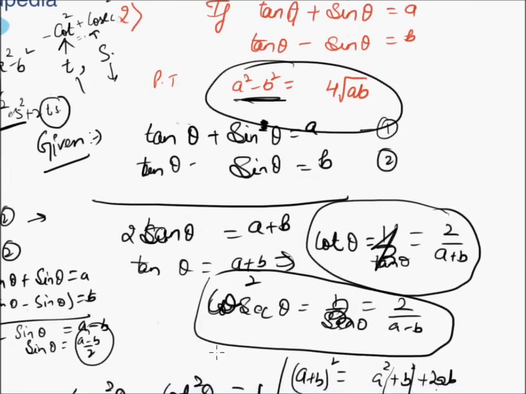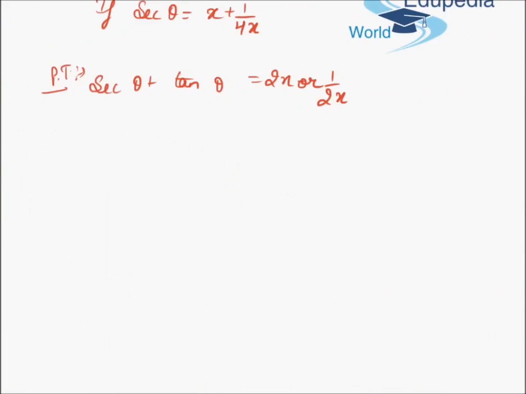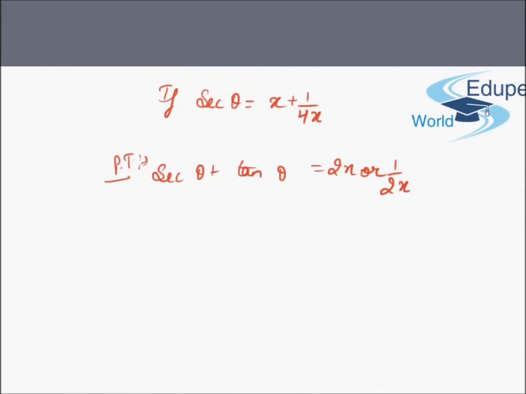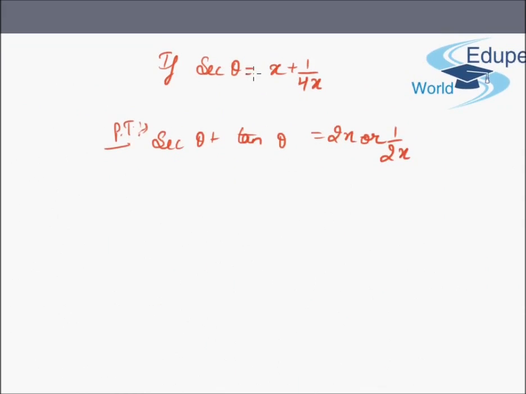Let us have one more question. The question says, if secant theta, the value of secant theta is this, find the value of secant theta plus tangent theta. Friends, we have to find the value of secant theta plus tangent theta, but we are given only secant theta.